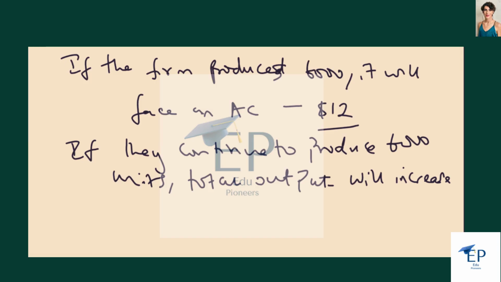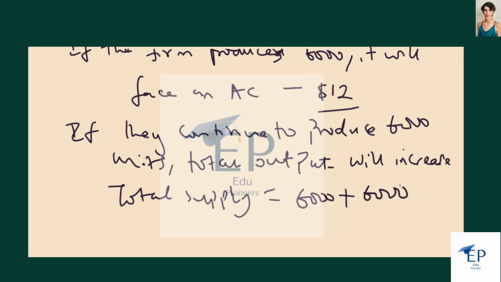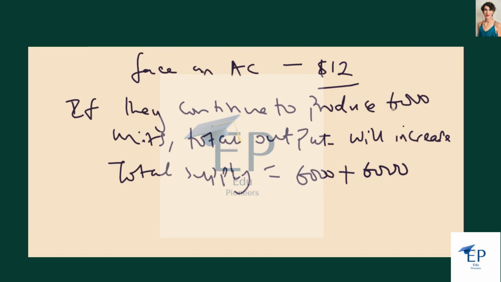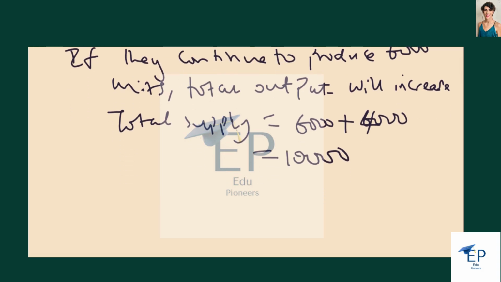So the total supply in the market could be 6,000 plus 4,000 rather, I'm sorry, because we had 4,000 outputs before, so that's 10,000 units. So the quantity supplied for 10,000 units is going to be $10.